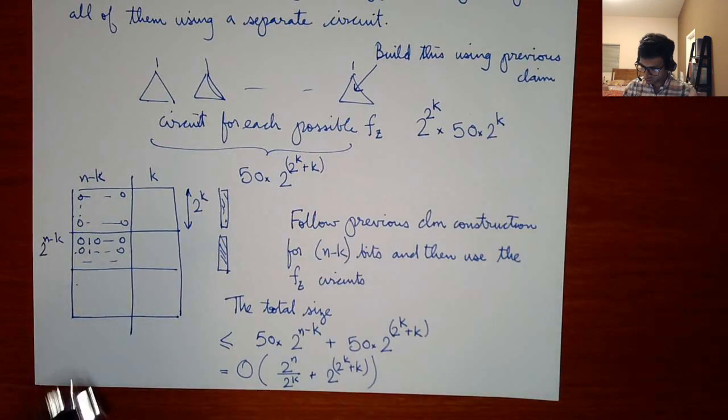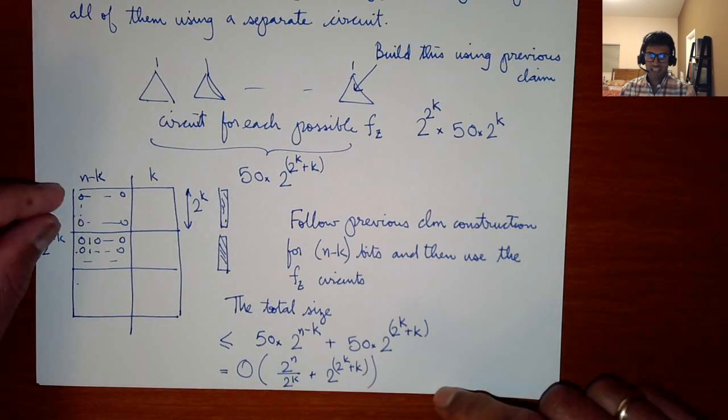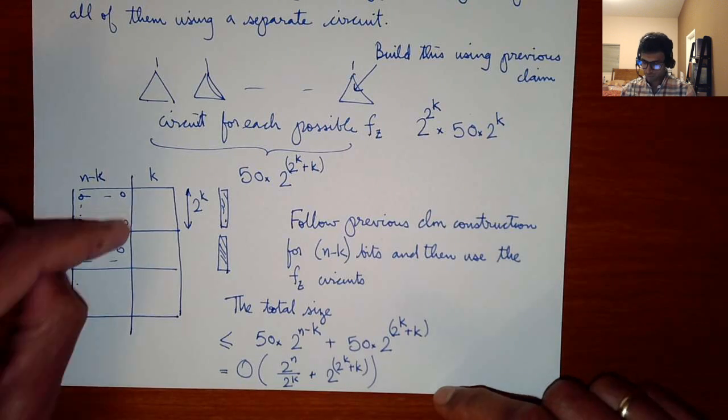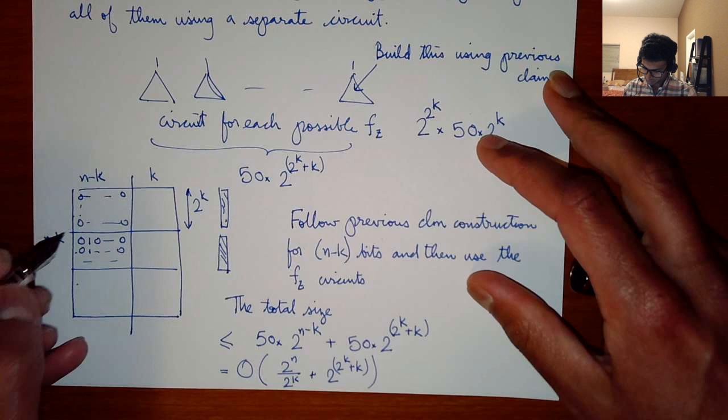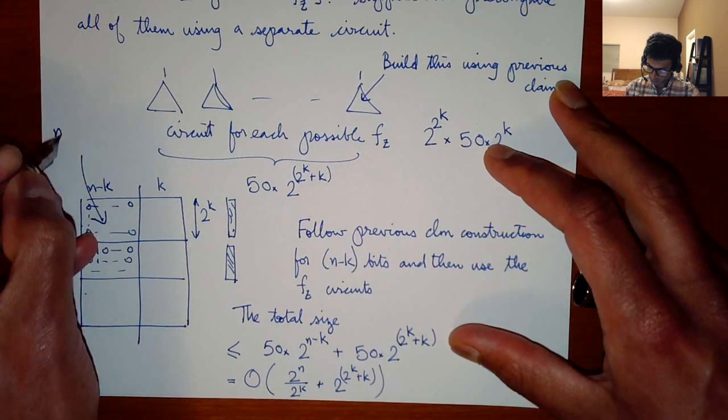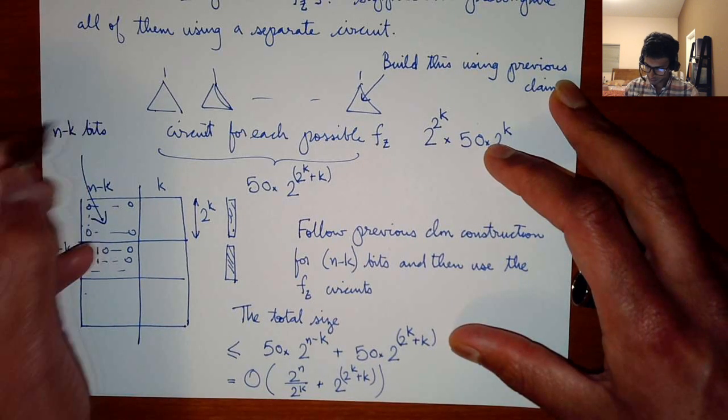So just sort the entire truth table. So you have these blocks. In each block, the first n minus k bits are the same.